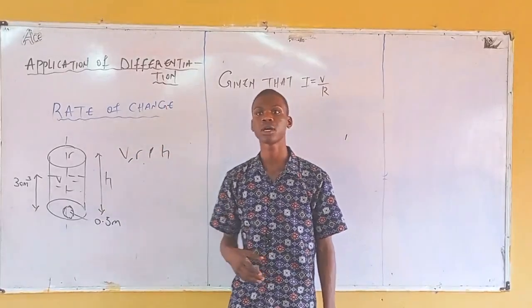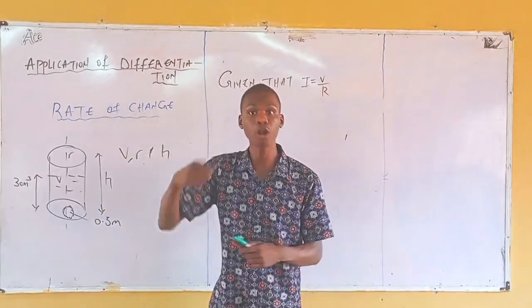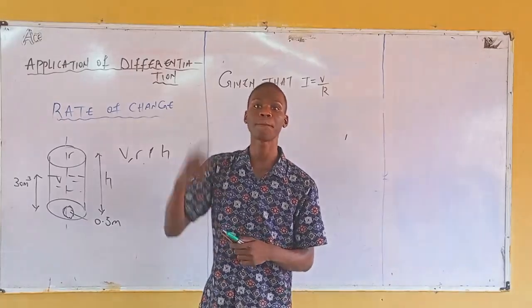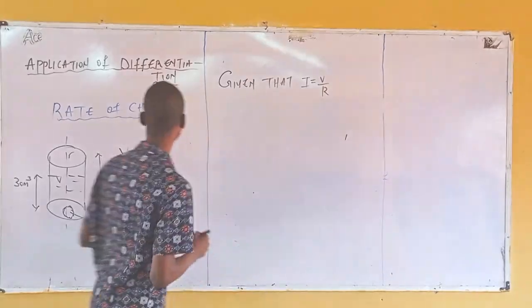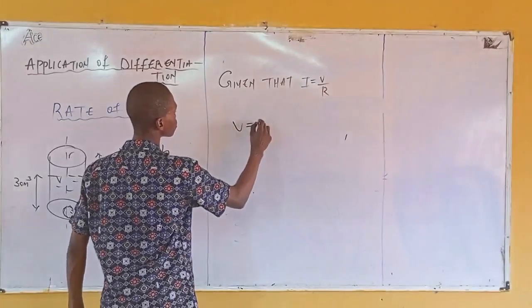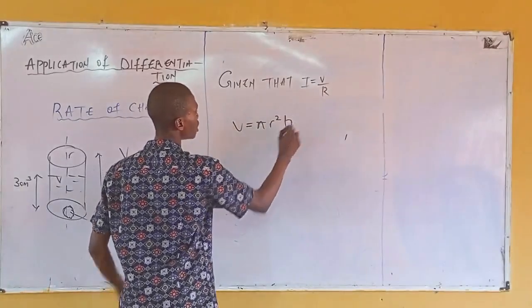Volume of a cylinder is equal to pi r square h.